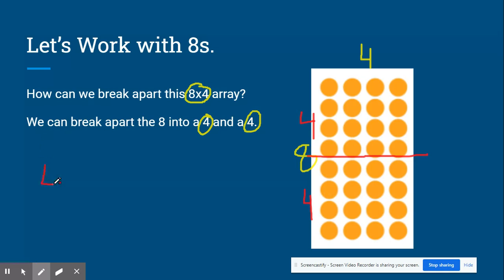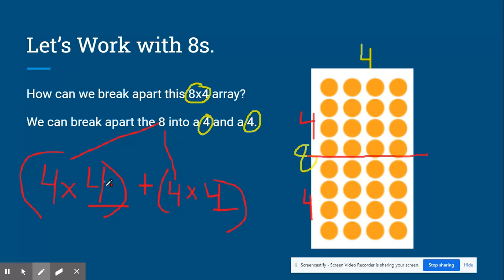So when I would write that out, I would have 4 times 4 plus 4 times 4. So if you notice, I did not touch the columns. My columns are staying a 4. I broke apart that 8, though, into a 4 and a 4 because, of course, 4 plus 4 equals 8.